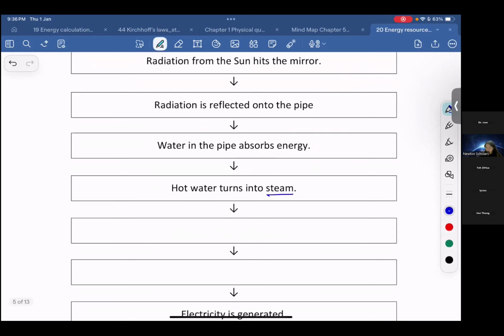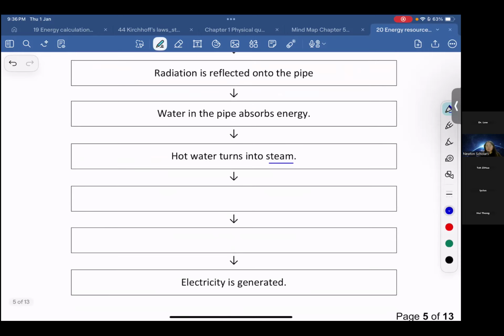How water becomes steam, we already keep on mentioning. The steam turns the turbine, the turbine turns the generator, and at the end we produce electricity. That is another method.